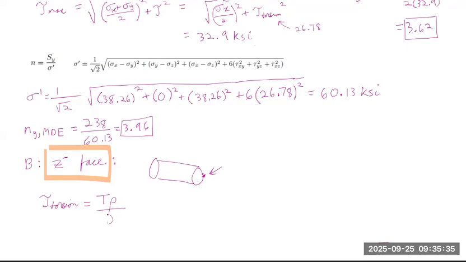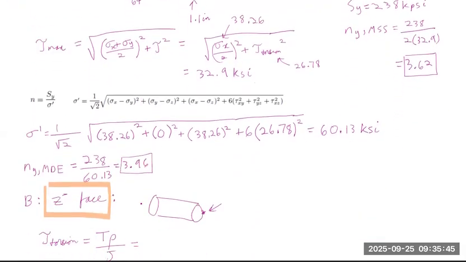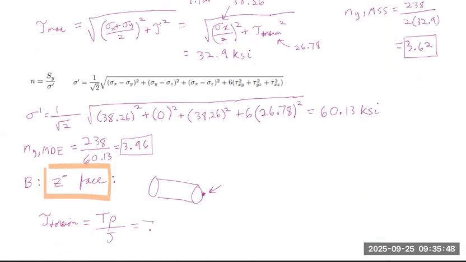The polar moment of inertia doesn't change, and the radius is also the same. So we find that it's equal also to 26.78 kips per square inch.